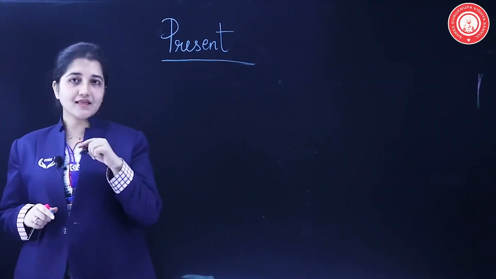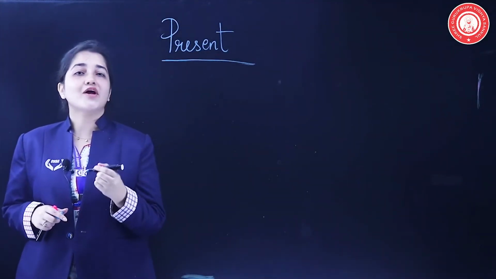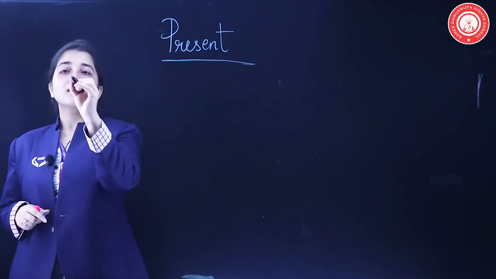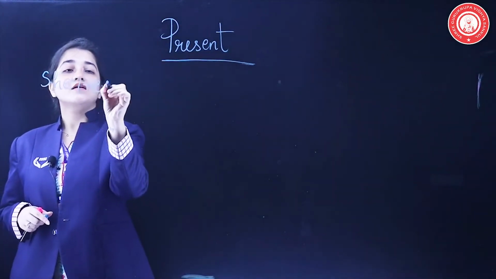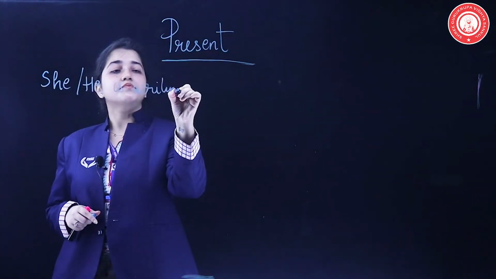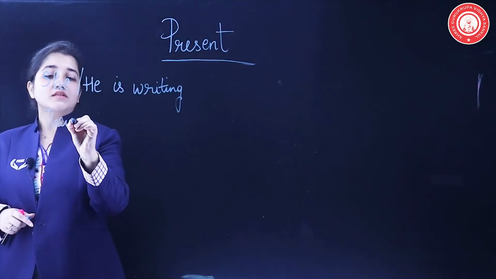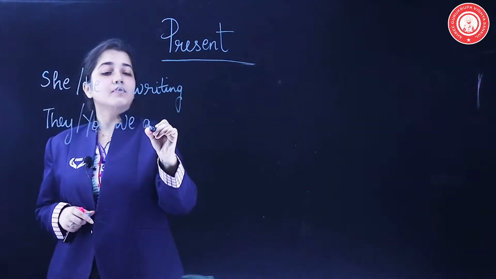For example, the sentence was I am writing in my book. With I, we had used the helping verb am. If the subject changes to she or he, the helping verb will be is writing. And if the subject is plural, they or you or we, then the helping verb will be are.